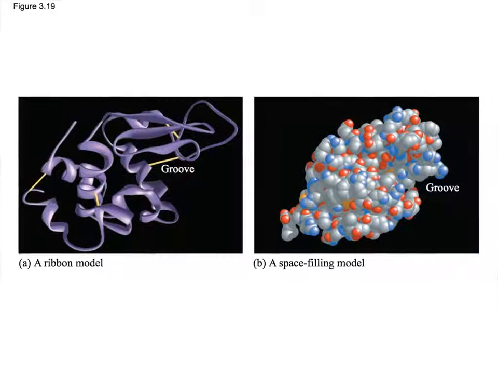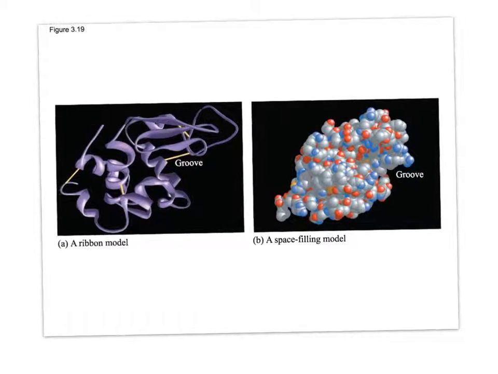Okay? So here's what you see. You may see ribbon molecules, a structure or a space-filling molecule of an overall protein. What you see here on the ribbon structure, you see a couple coils. Those are alpha helices. That is secondary structure. There's up here, and it kind of goes back and forth like that. That's a beta sheet. That is secondary structure. So parts of the protein will fold in a certain way, and then it will fold on top of itself again, making a globular protein.